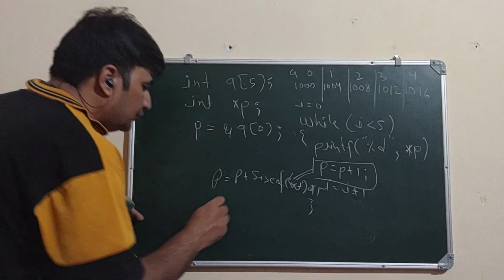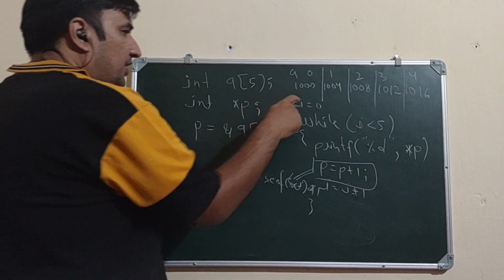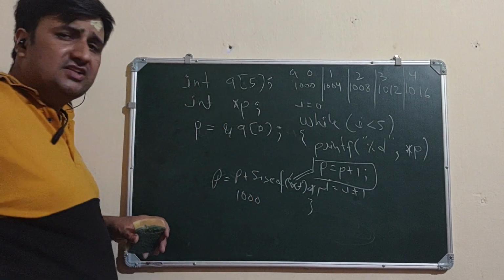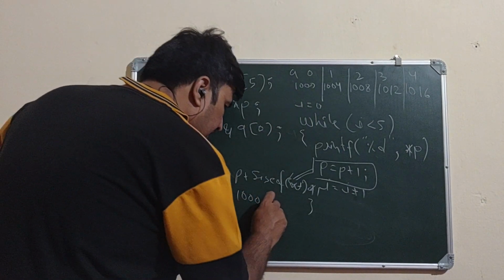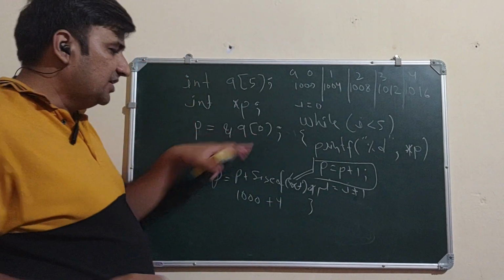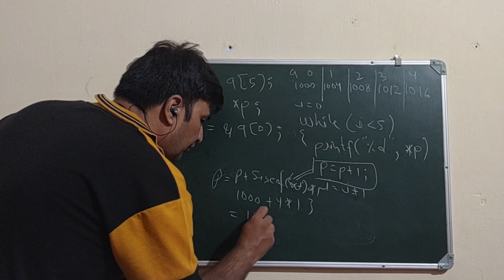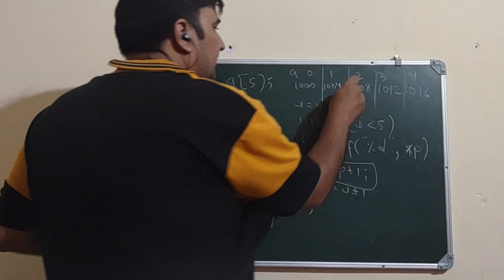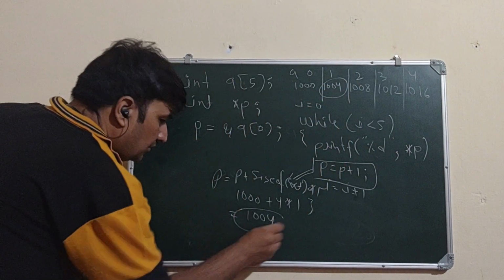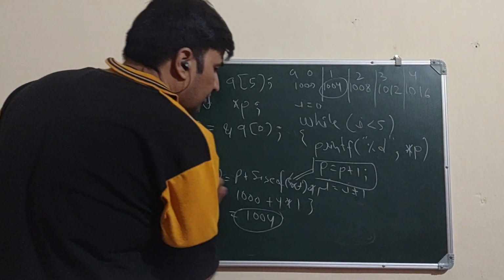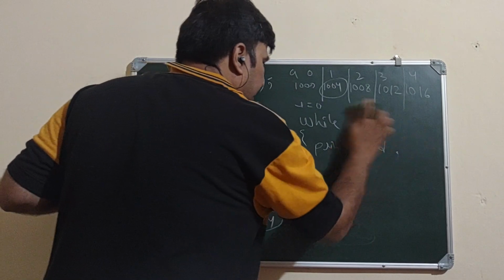So initially the value of p is 1000. What is the size of the integer? 4, plus 1 here we have written, that is into by 1. So it will be 1004. Now if you look at these particular values, they are coming the same. Okay. So in this way it will keep incrementing.